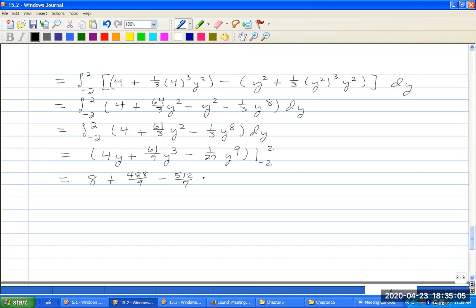Over 27 minus, well, I'll put in another minus here. Minus 8 gives me a plus 8. And subtracting a negative 488 over 9 gives me a plus 488 over 9. And subtracting a negative is a plus. And at -2 to the 9, that gives you a negative 512 over 27.